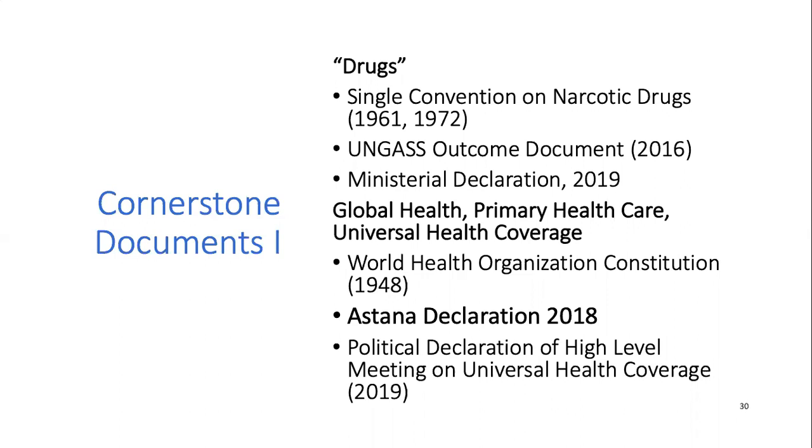In terms of global health, primary health care, and universal health coverage, the key documents are the World Health Organization Constitution, the Astana Declaration, and the political declaration of the high-level meeting on universal health coverage approved in October 2019.